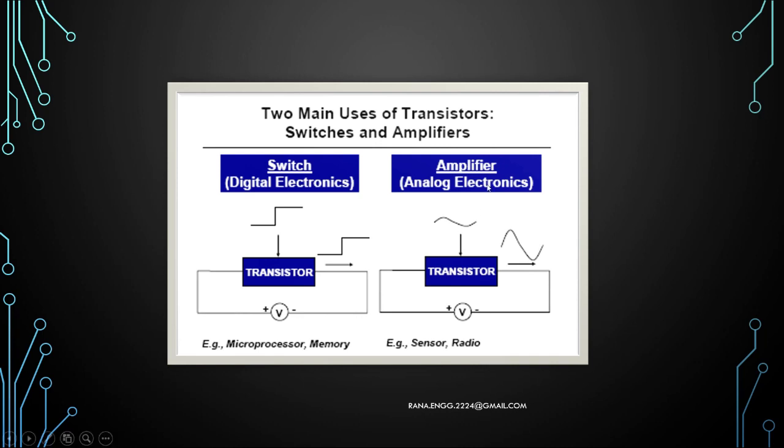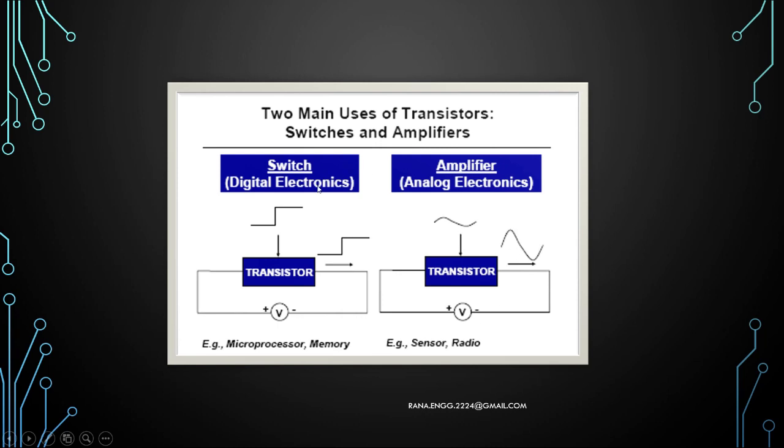In DE, when you design some flip-flop or any gates, those gates are made up of transistors. So these switches are nothing but the transistors used in digital electronics, and their applications in digital electronics are microprocessors, memories, and other controllers.